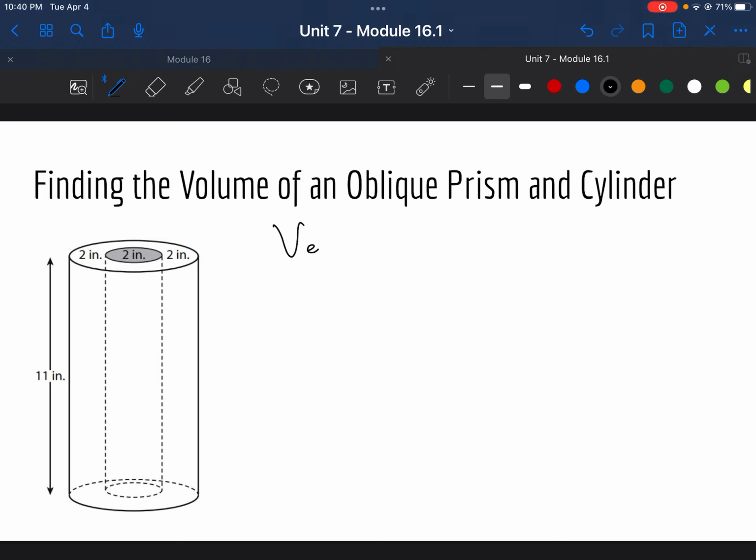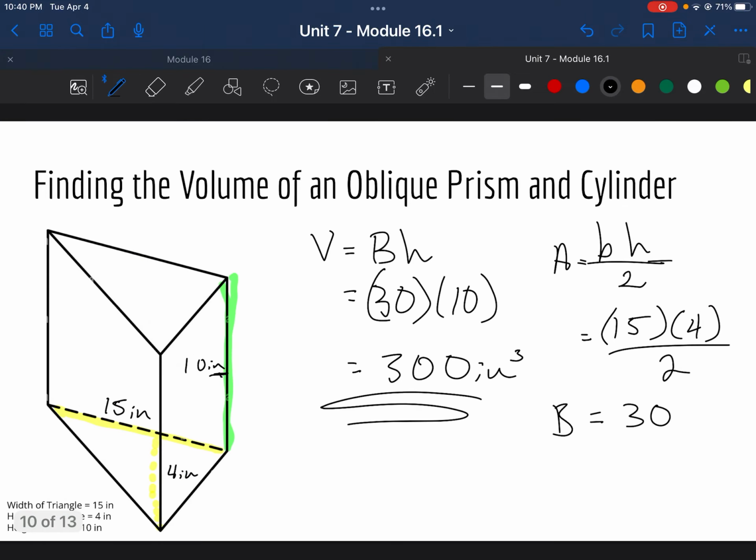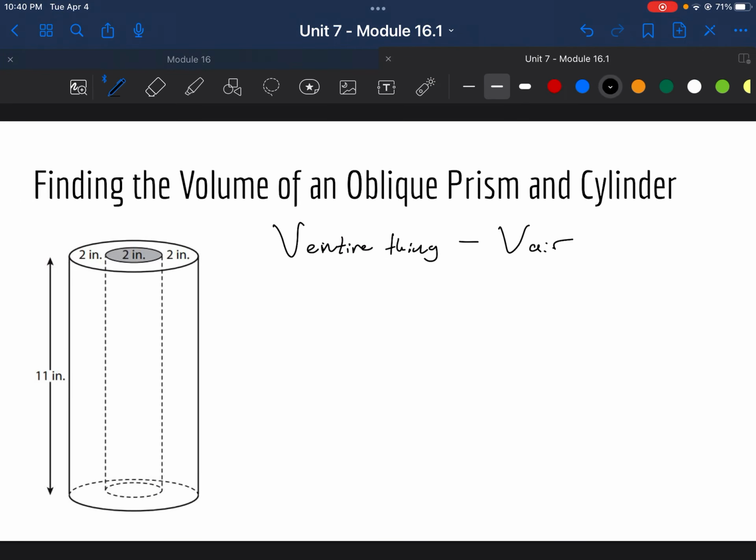So we're going to find the volume of the entire thing minus the volume of the air. In order to find the volume of the entire thing, we're going to do the same thing we've been doing the entire time, using the same exact formula.